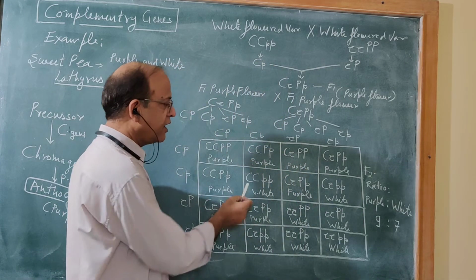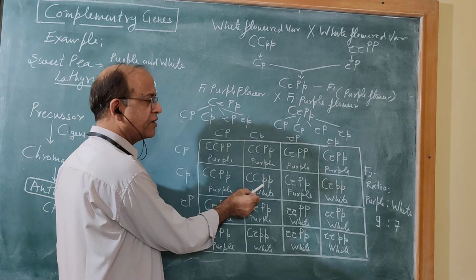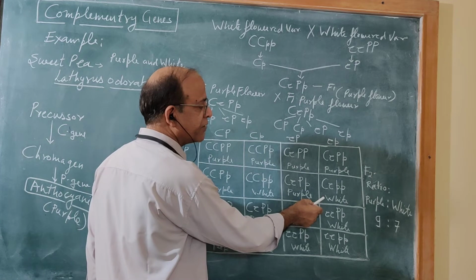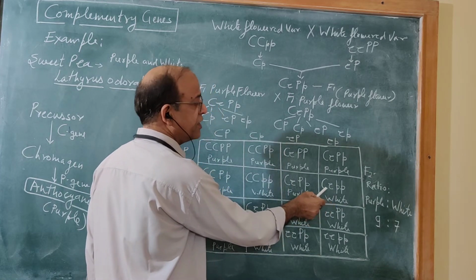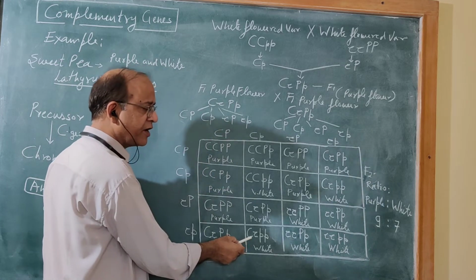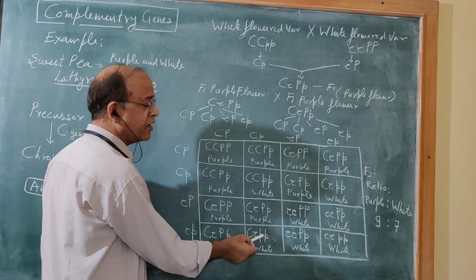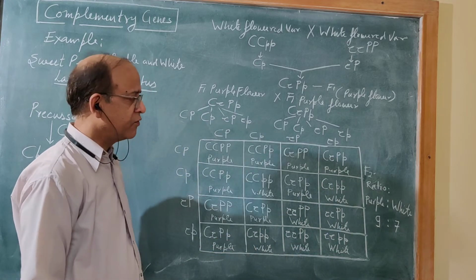But here it is white because P is recessive. C is dominant here, and here also C is dominant, but P is recessive, so again it is white.